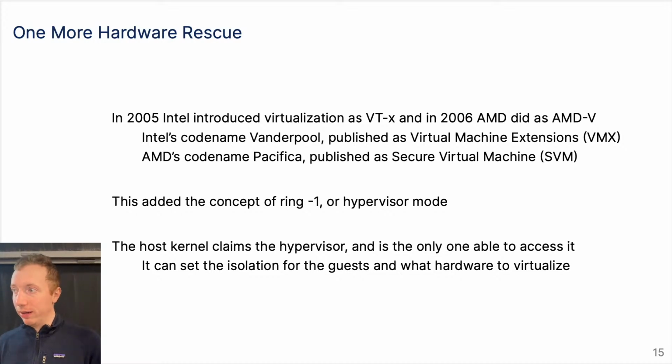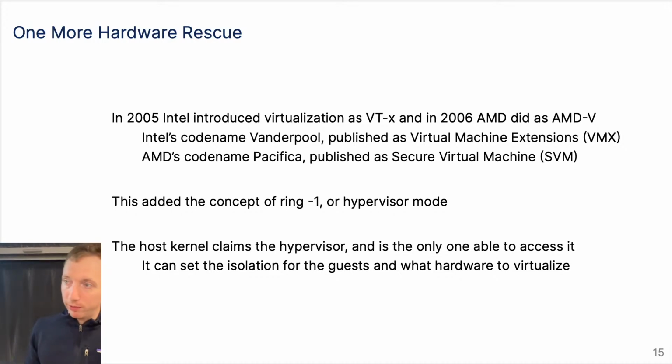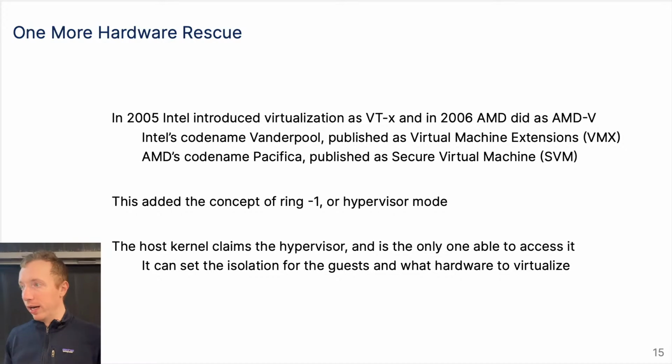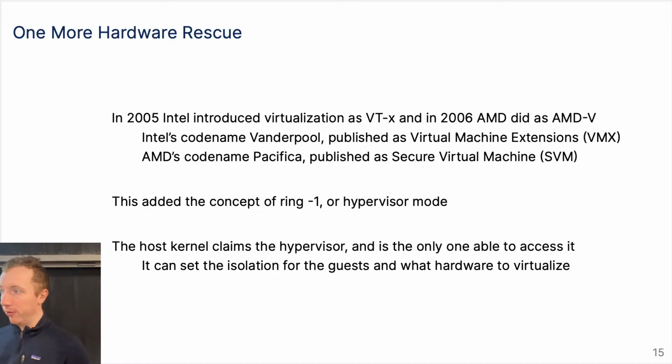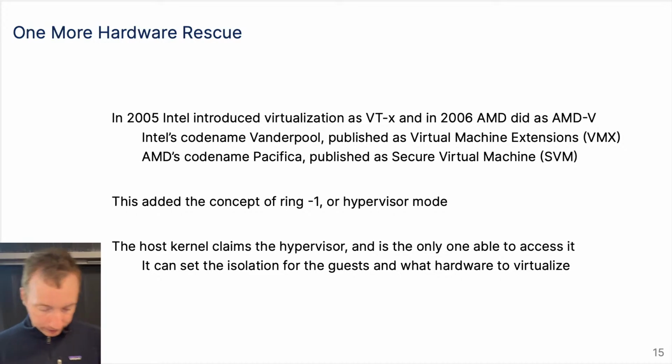So it's going to claim it and actually know about ring -1 and actually manage those instructions. So it would manage the hypervisor and also manage itself. So it's kind of a race. So the kernel that boots would go grab the hypervisor, and now it's responsible for also managing the hypervisor and also all of the stuff it normally does.